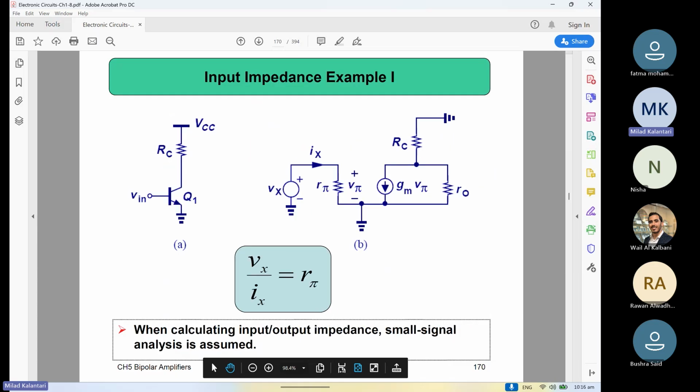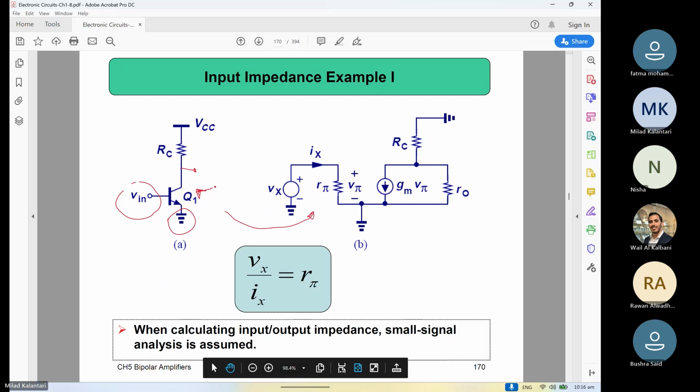But let's start by finding the input impedance and output impedance of the common emitter device. Remember, in a common emitter, the input is at the base, the emitter is common, the base is grounded for small signal, and the output is at the collector, right? We saw that you can model this transistor with a small signal model.